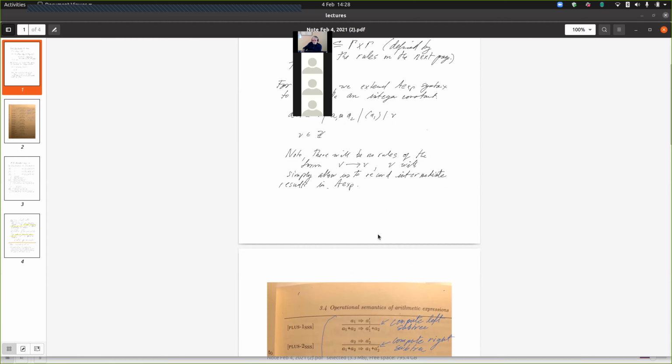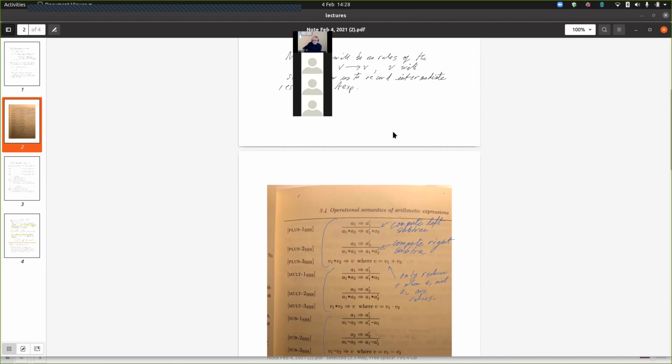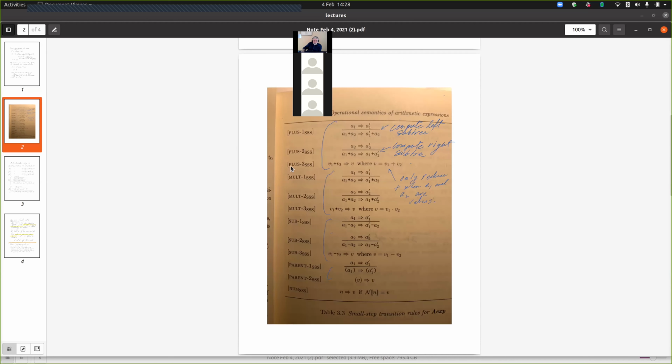So here are the rules. For each rule that we had before, we now have 3 rules for each constructor, for each different operator. One rule says compute in the left subtree: pick out the left subtree of the plus.